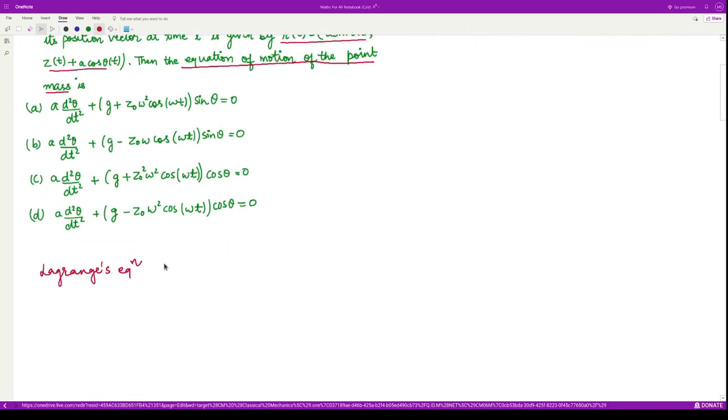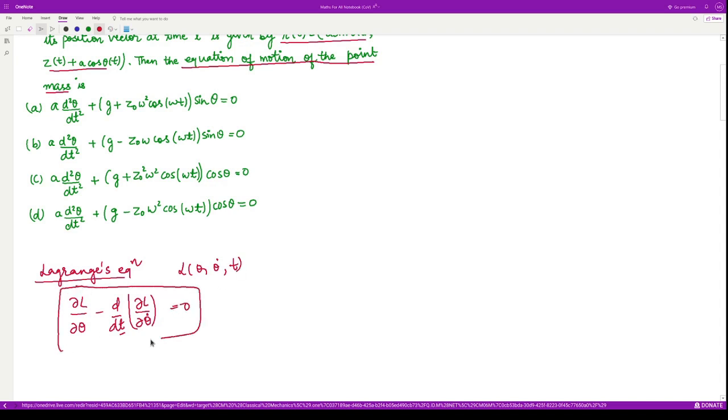Therefore we only have one Lagrange equation, and it is del L by del theta minus d/dt of del L by del theta dot. Here the independent variable is time, theta depends upon time, and L is a function of theta, theta dot and t. So we need to compute this in order to calculate the equation of motion given in the question.